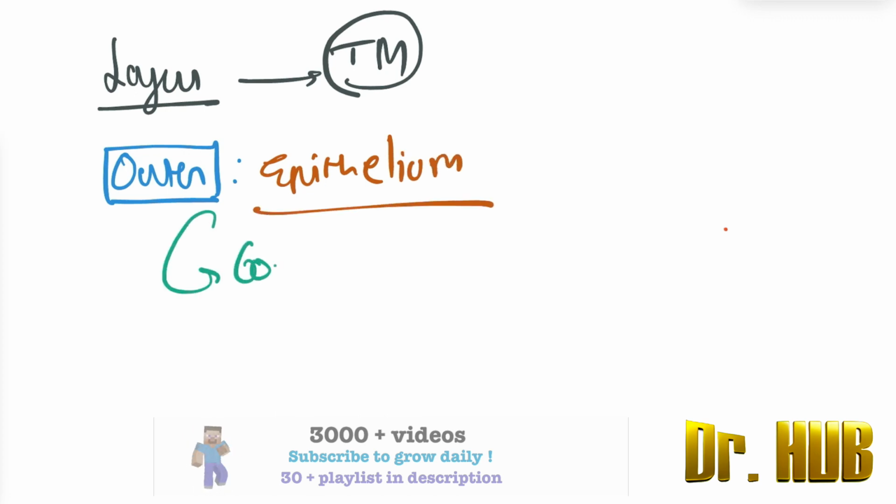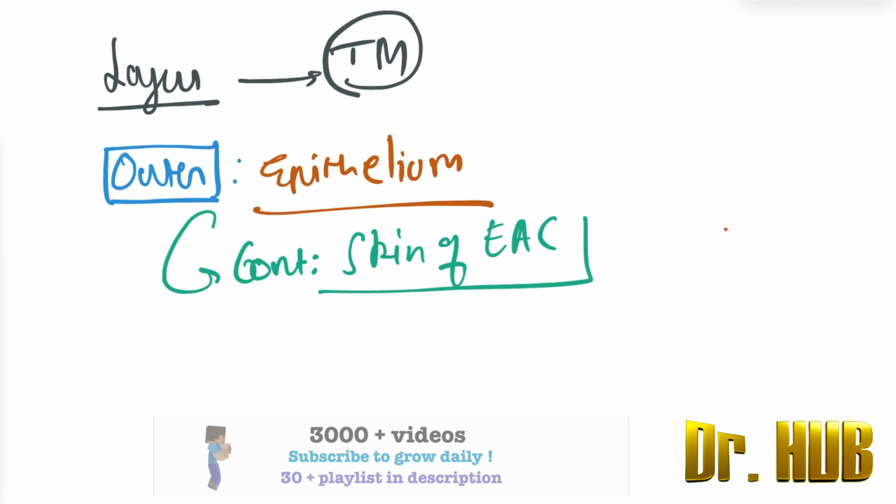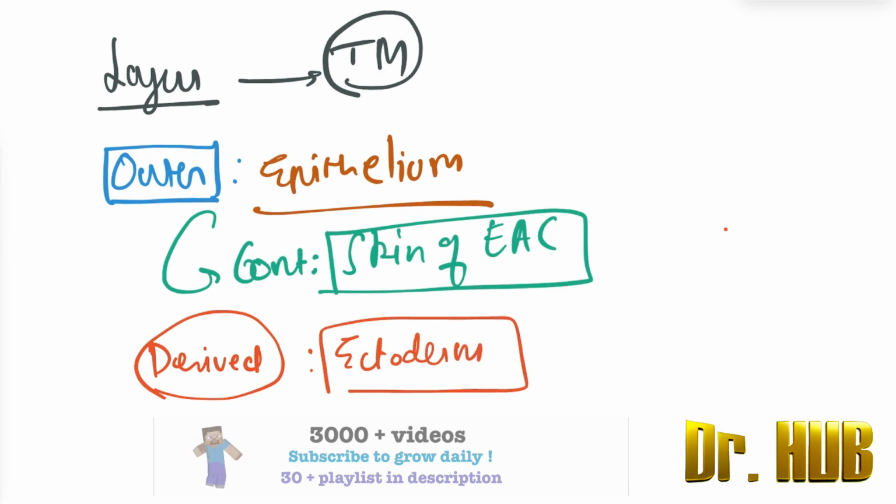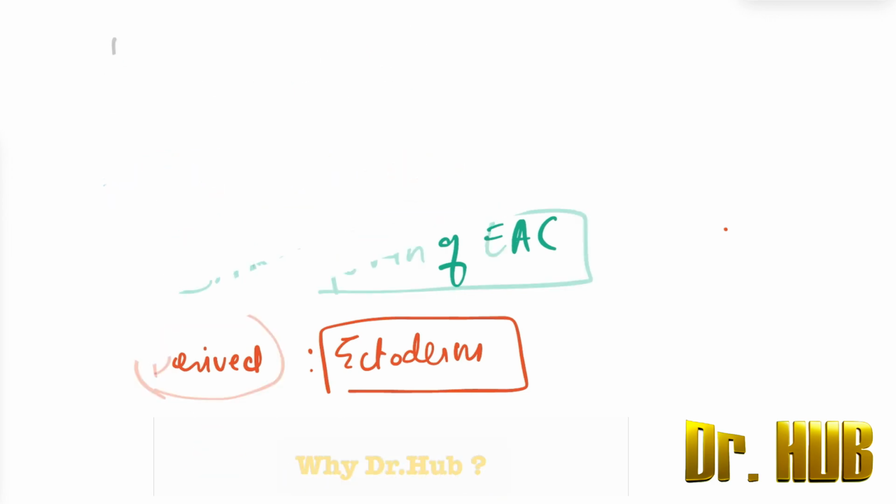It is continuous with the skin of the EAC. What is it derived from? It is derived from the ectoderm. This is all about the outer layer. Easy to remember.